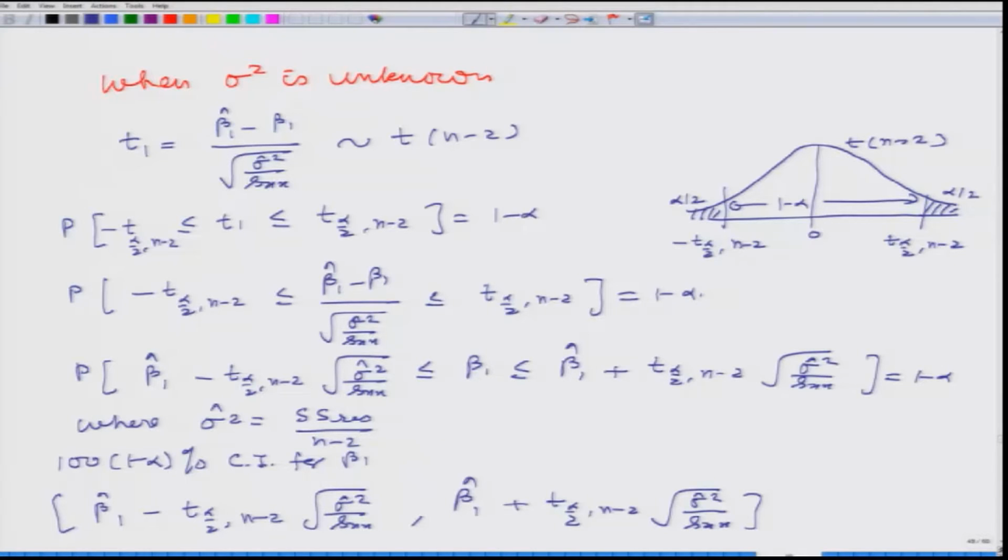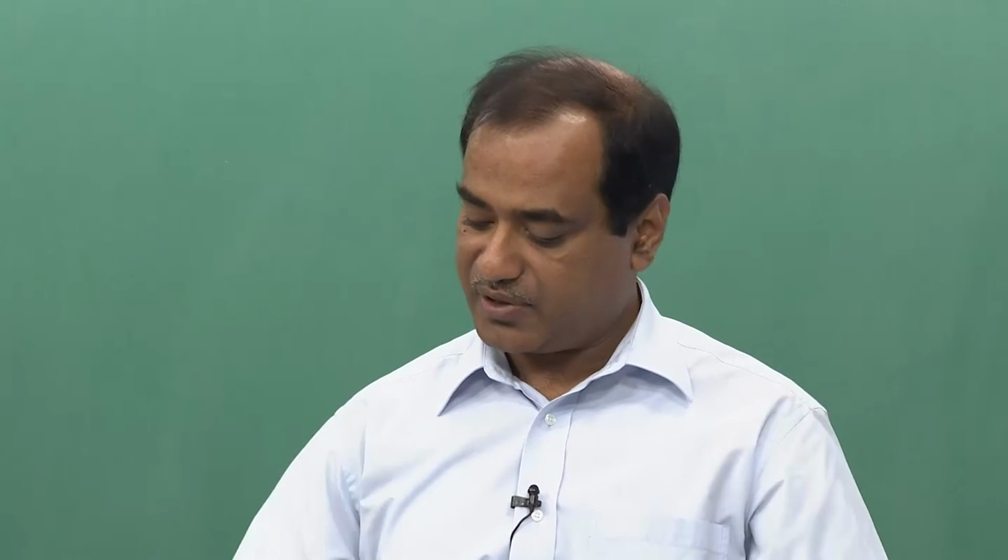So, here again you can see that the value of beta 1 hat can be obtained from the given set of data, sigma square hat can be obtained from the data, Sxx can be obtained from the data, and t alpha by 2, n minus 2 is the alpha by 2 percent point on the t distribution, and its value can be obtained from the t table. So, this interval can be obtained on the basis of the given set of data.